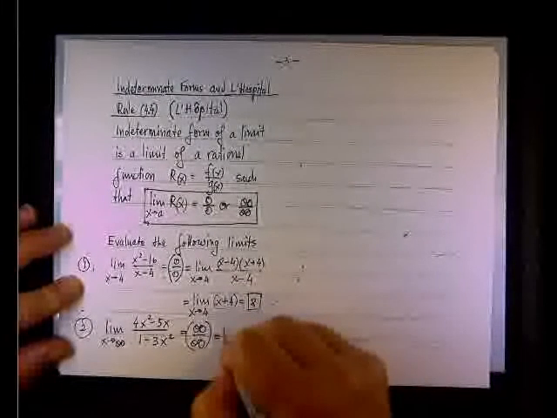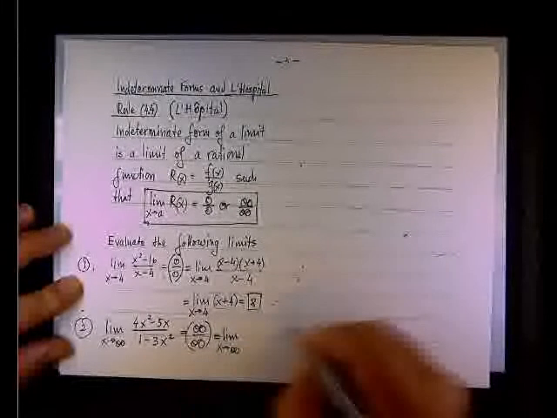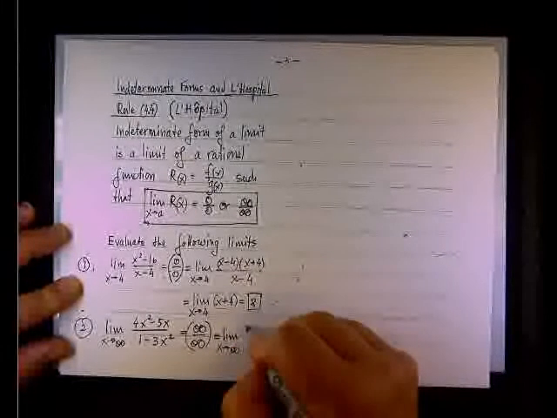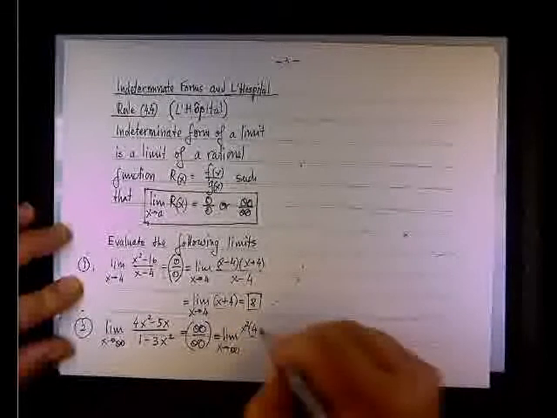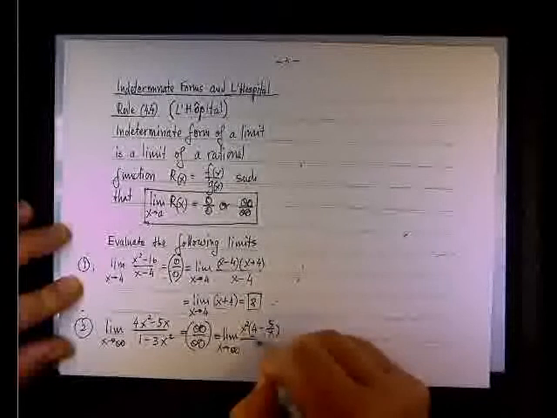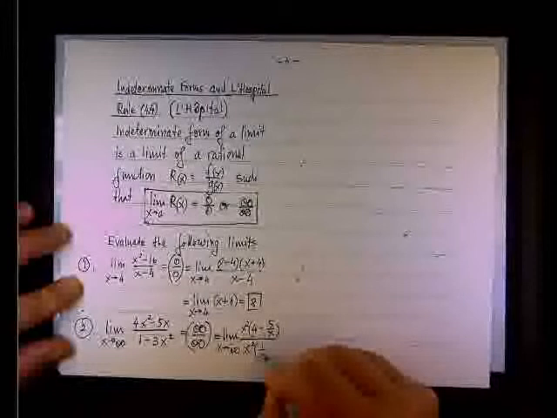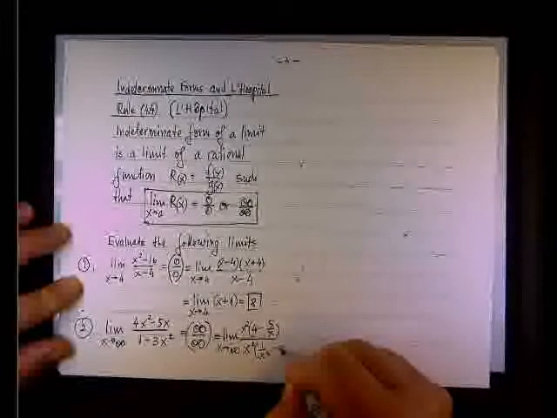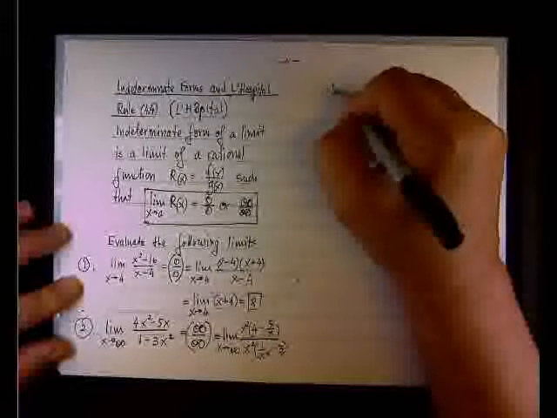Normally what we do in this case, we factor the highest power, and let's say this is the same as the limit as x goes to infinity, and the highest power is x squared. So we factor x squared, we have 4 minus 5 over x divided by, again, factor the x squared, and get 1 over x squared minus 3.